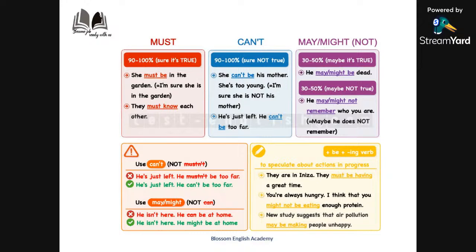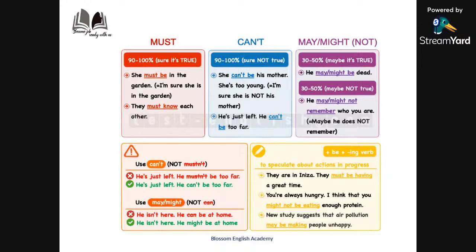And here you can see the surety, the percentage or the likelihood of using certain words, so that there is a higher possibility of certain actions happening. So the first one, if you are using "must," then there is a surety of 90 to 100% that the action is true.